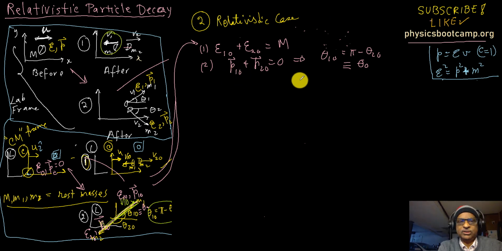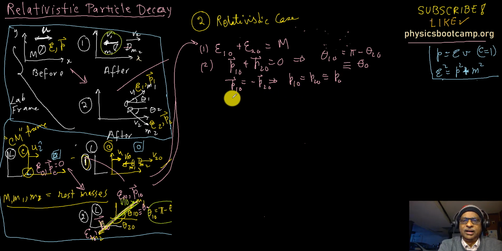Actually the whole calculation will be almost identical to the one-dimensional calculation. So P10 vector equals minus P20 vector, and that means P10 magnitude equals P20 magnitude, which I can just denote by P0.